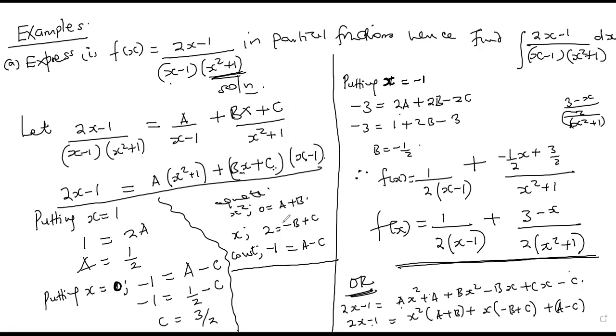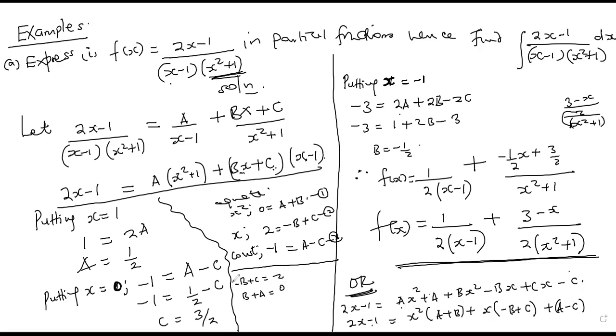If you first work on these two, or you can work on any, then you substitute in the other. If you call this one equation 1, equation 2, and this one equation 3, you can deal with 1 and 2 first, where you have negative b plus c equaling 2, and here you have b plus a equaling 0.